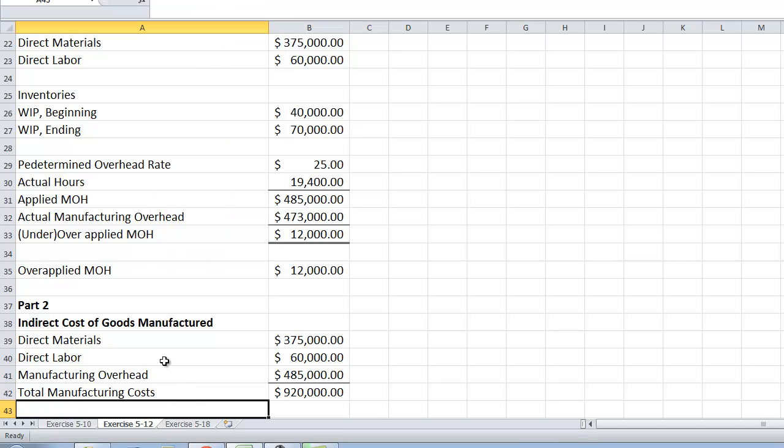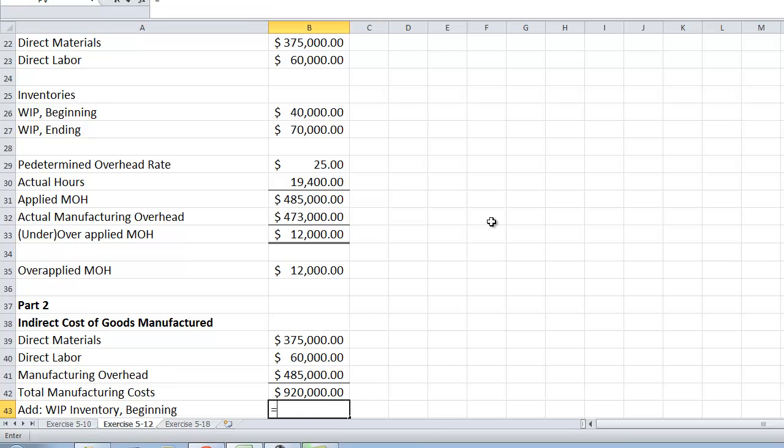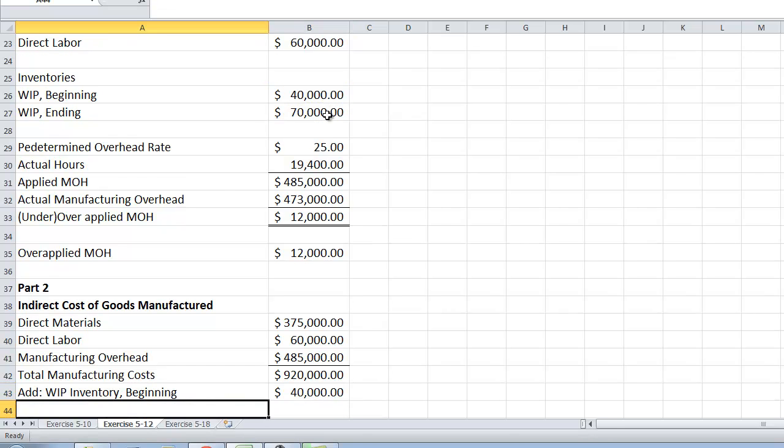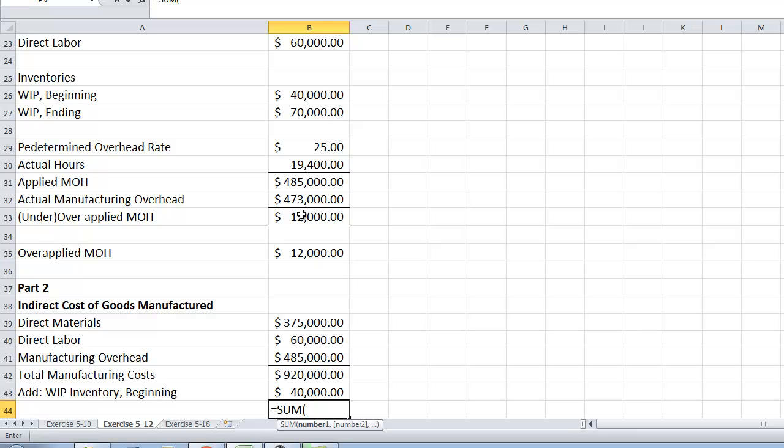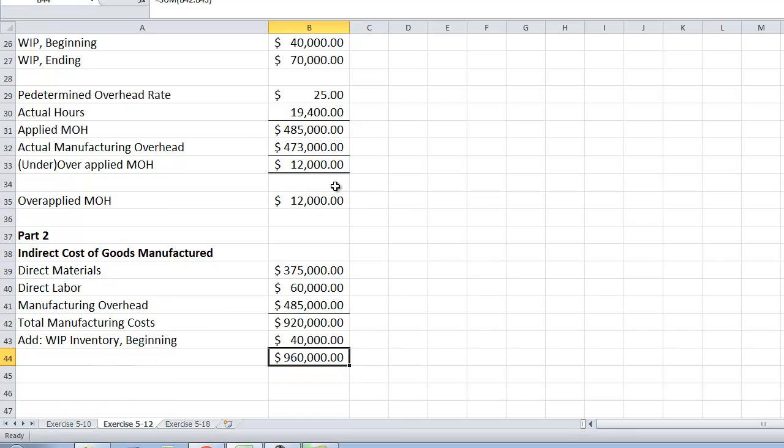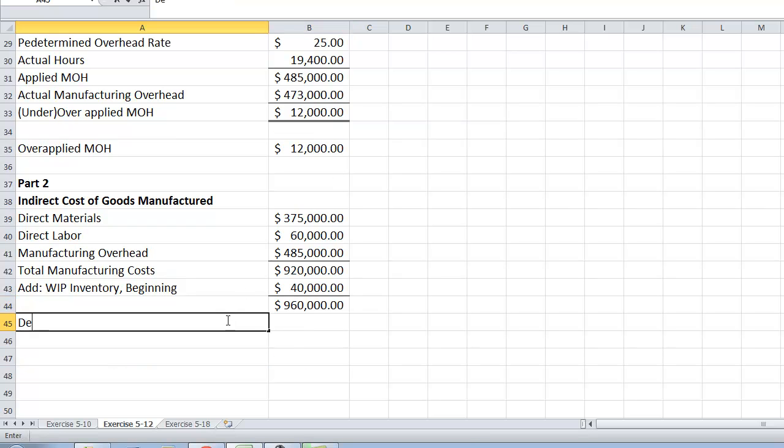Now, we must add our beginning work in process inventory, because this was already in process. That's the goods we are making, right? So the total of that equals the sum of these two items. And then we must deduct the ending work in process inventory, because this is still work in progress.